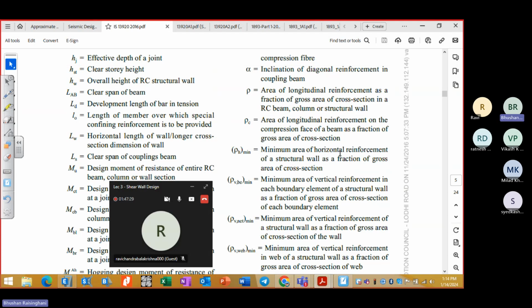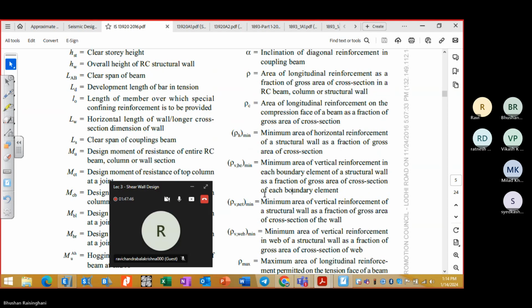So minimum area of horizontal reinforcement as a fraction of the gross area of the section. So net area and gross area, basically it is representing that, but in horizontal they are not mentioning net, it has been mentioned as a fraction of the gross cross section. This is for the boundary element minimum.